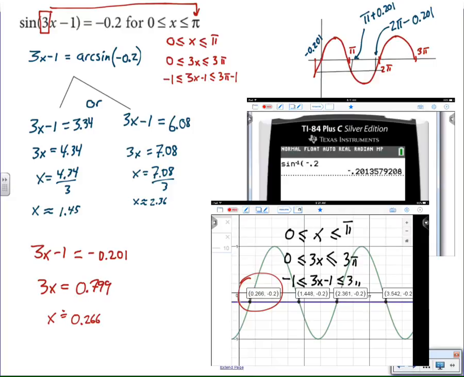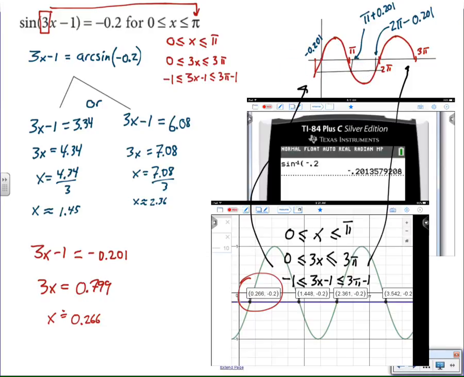So that's again, this little technique right here is a way to, if you are solving or if you're using the arc sine in an equation where the sine has been transformed by stretching horizontally or compressing horizontally, then modify your domain restrictions in order to determine which pieces of the arc sine you want to keep.